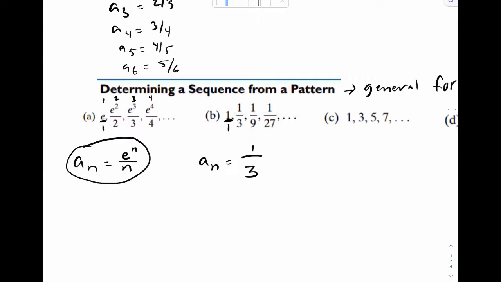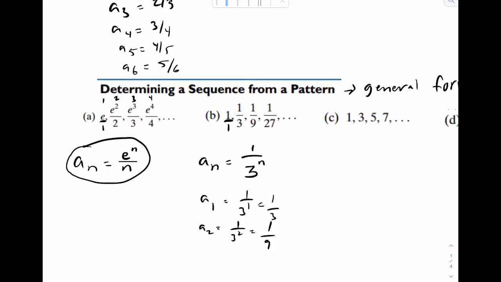Now if I just put an n right there, that's not going to really do it because, let's see what happens. If I plug in 1, I get 1/3 to the 1, which is 1/3. This doesn't match this. And you can see if I plug in 2, I get 1/3 squared, which is 1/9. So notice how I'm pretty close right here.